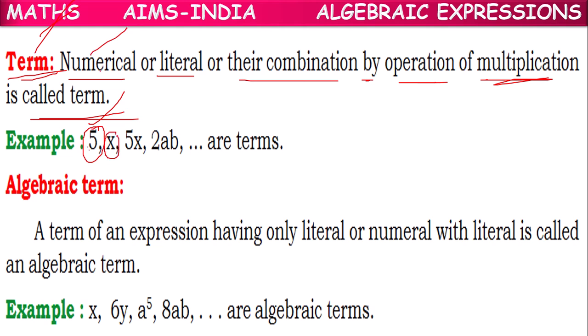Or x is there, it is only a literal, it is also a term. 5x is a product of numerical and literal, 5 into x, combined with the multiplication operator. So this 5x will be considered as a term.